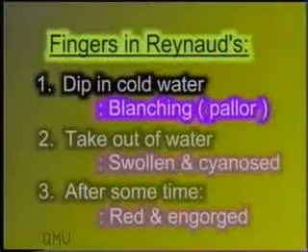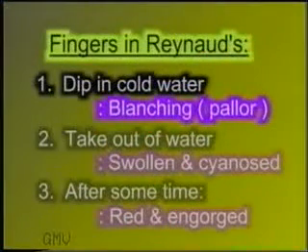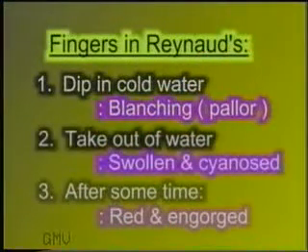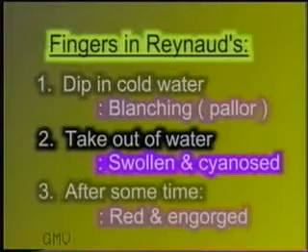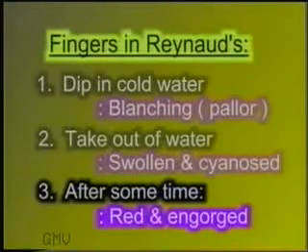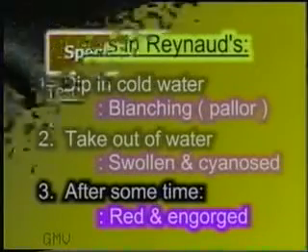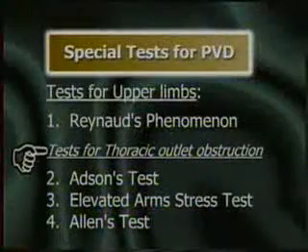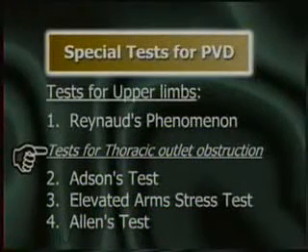If the fingers become blanched, take the hands out of the cold water. The fingers will become swollen and cyanosed, and gradually, as the spasm of the arteries wears off, they become red and engorged due to flow of blood in the dilated capillaries.